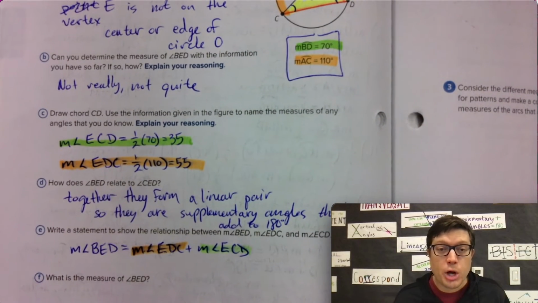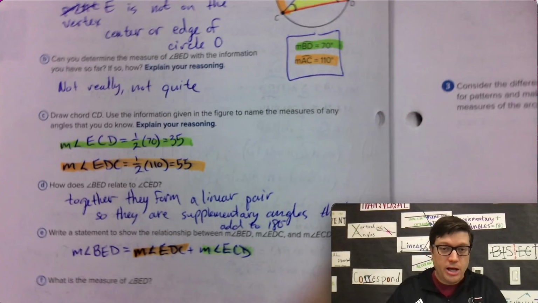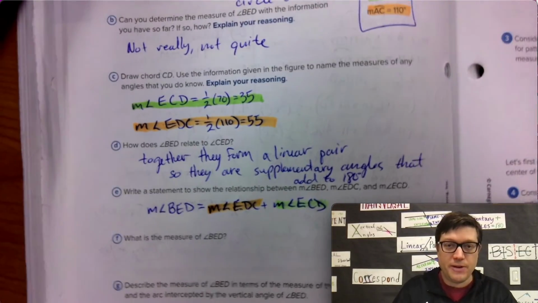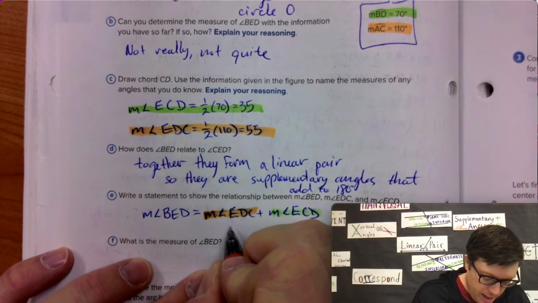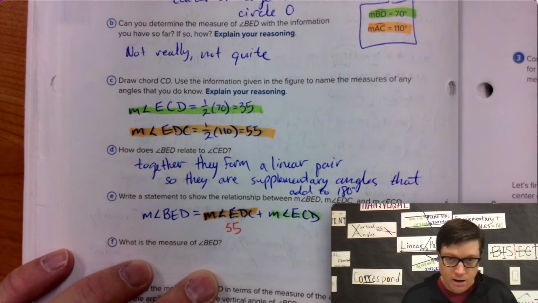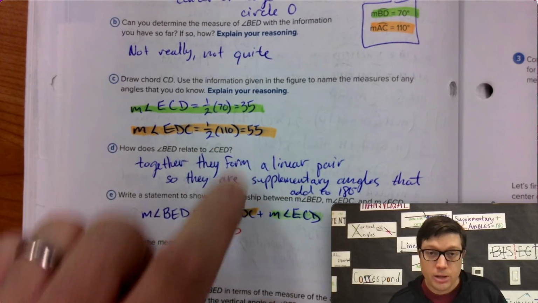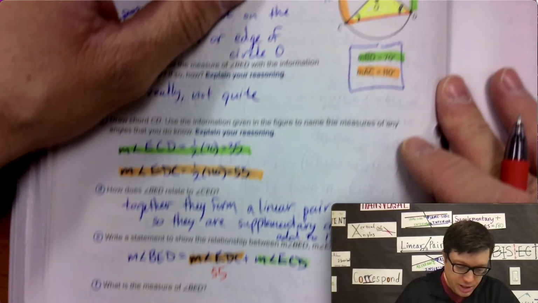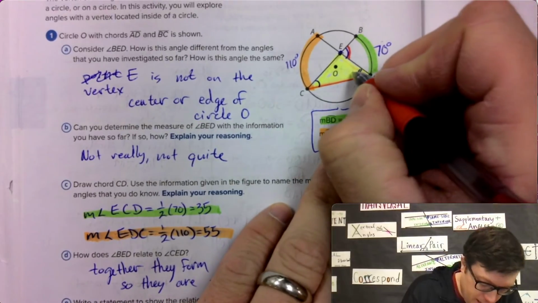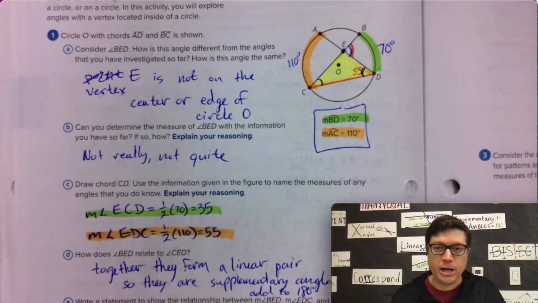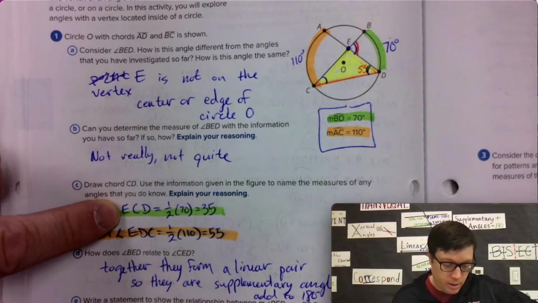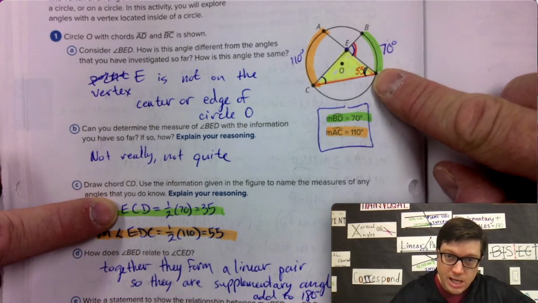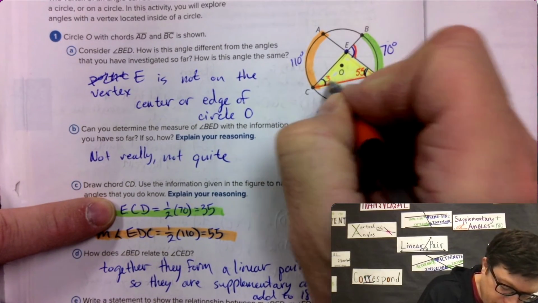Okay, so since we know that ECD is 35 and we know that EDC is 55, that means we can just add them together, right? I can put a 55 right there for 55 degrees. That's how big that angle is. That's actually able to be put onto the shape. This is a 55-degree angle. And then ECD, this one, the green one, which is across from the 70-degree intercepted arc, is 35.